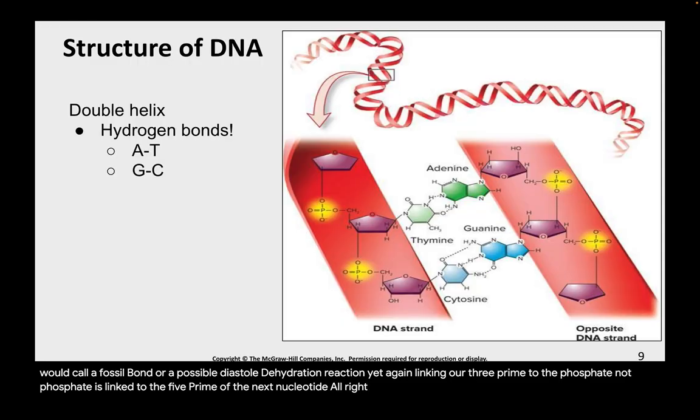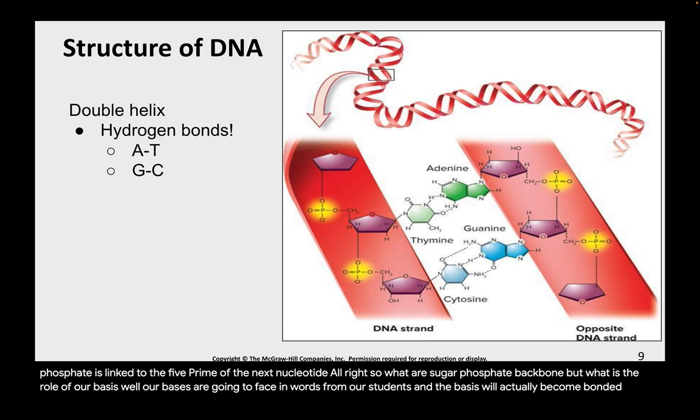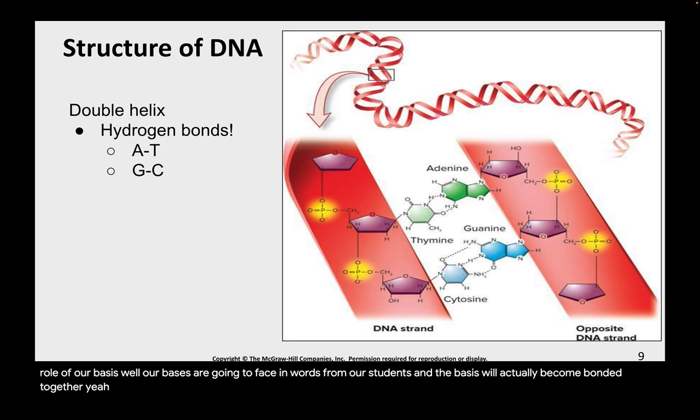All right, so we have our sugar phosphate backbone, but what is the role of our bases? Well, our bases are going to face inwards from our strands, and the bases will actually become bonded together via hydrogen bonds. And it's these hydrogen bonds that help give DNA its classic double helix shape. So if we look here, adenine is always going to bind to thymine.